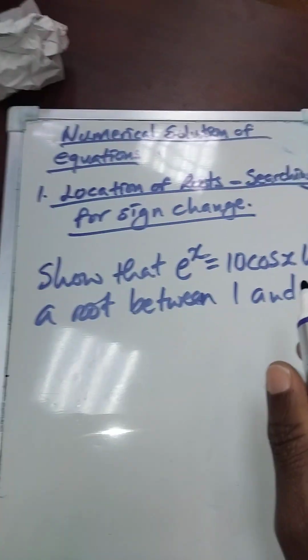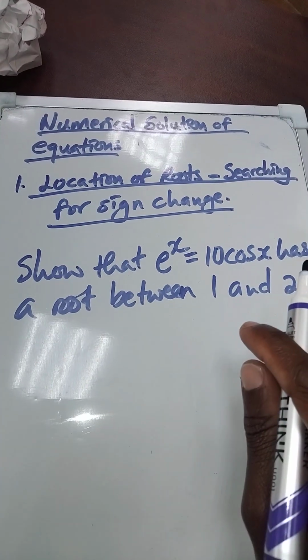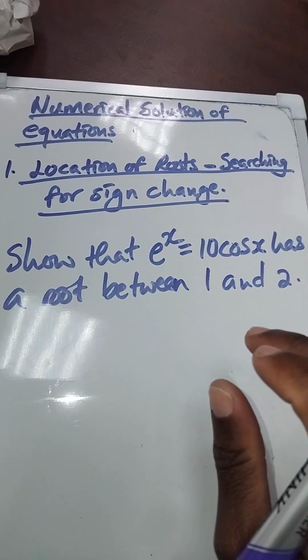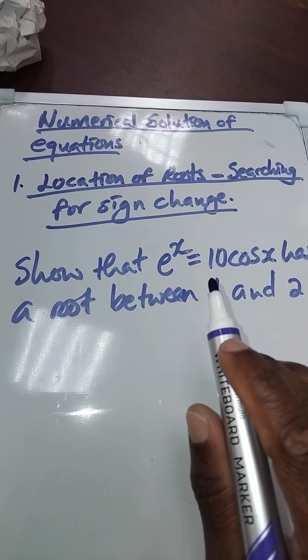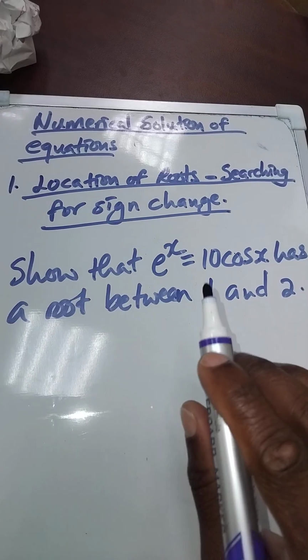How do we show that those points lie on the equation e to the power x is equal to 10 cos x?